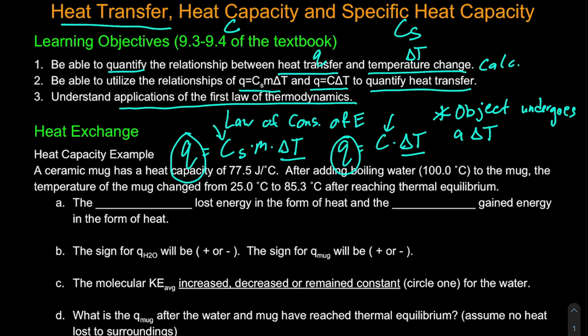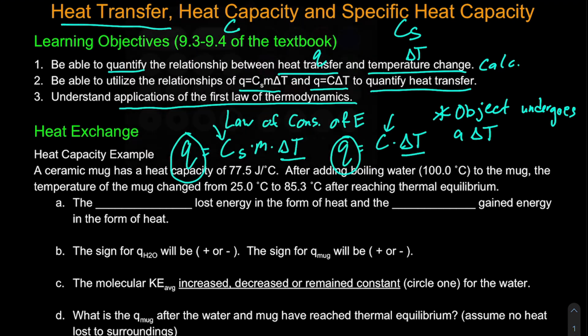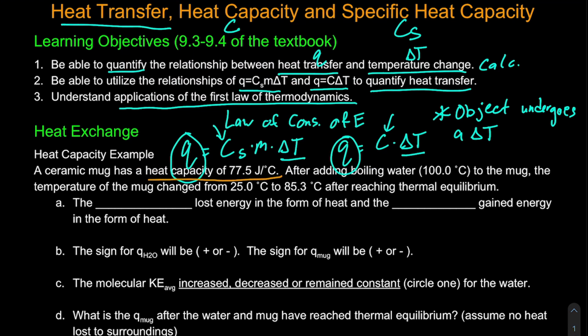So here what we have is a ceramic mug that has a heat capacity of 77.5 joules per degree Celsius. Let's think about what that means. Our heat capacity is 77.5 joules per degree Celsius, and that is for all of that ceramic mug. So it's not per gram, it's for the whole thing.